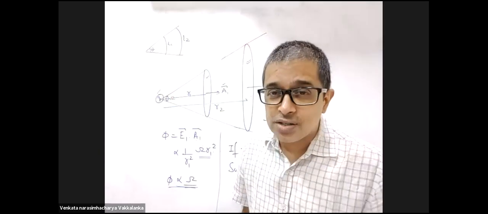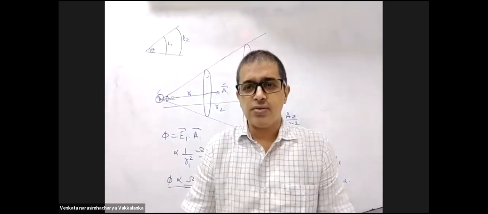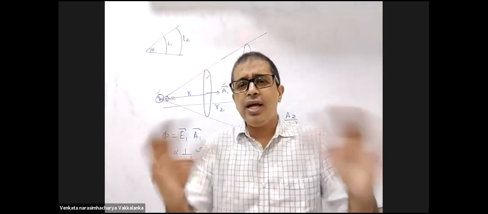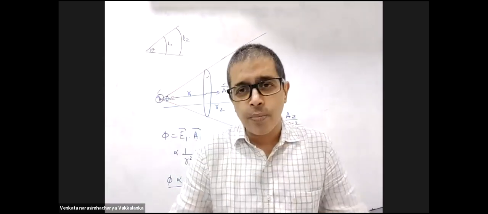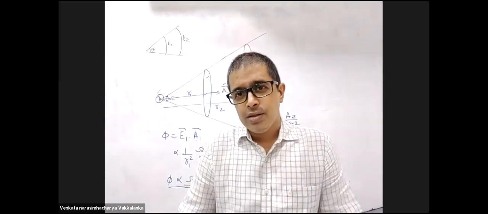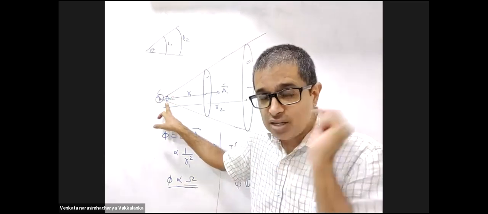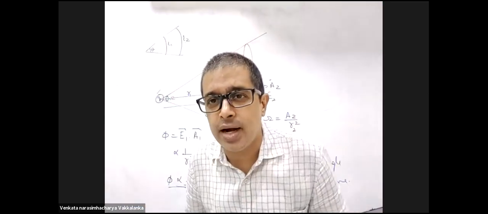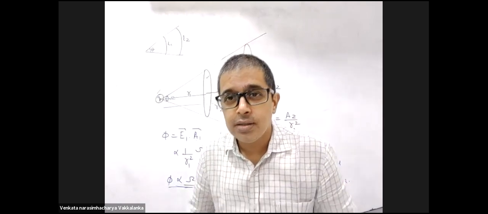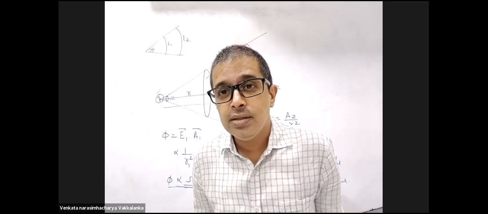Now what Gauss said is, if I take any closed surface, the angle inside will be 4 pi. When two areas subtend the same solid angle, they will have the same flux. A closed surface always subtends the same solid angle, and flux through all closed surfaces should be the same.